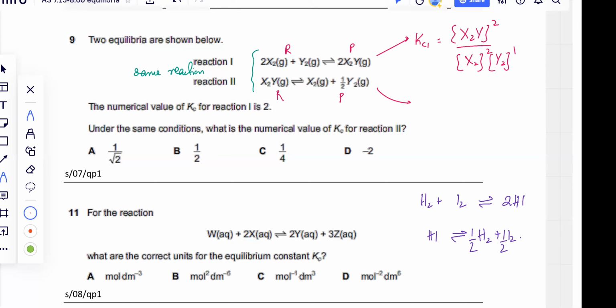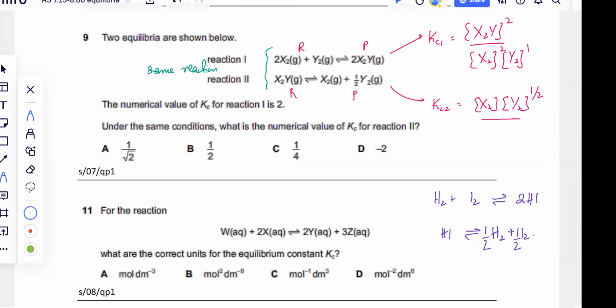The expression for the second one is, now my products are different. So X2 concentration and Y2 concentration to the power half, which is under root, because the coefficient becomes the power. So my products are X2 and Y2, and my reactant over here is X2Y.